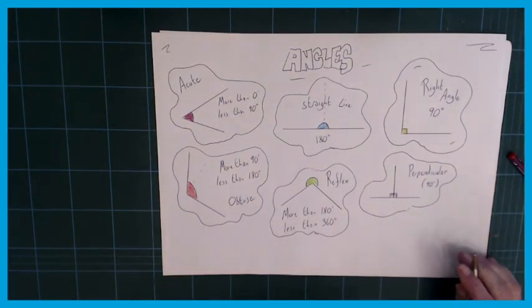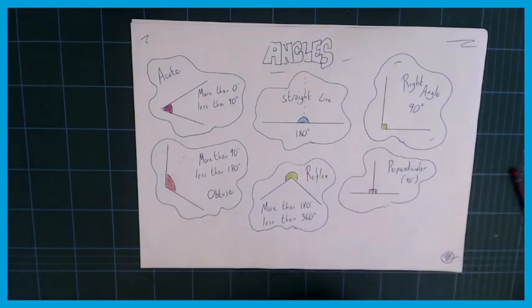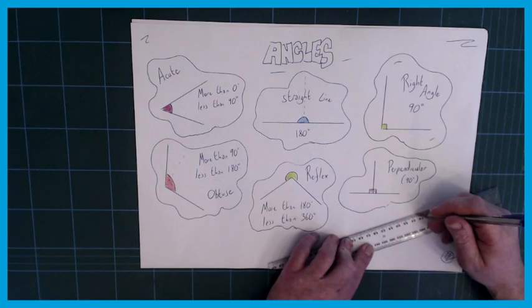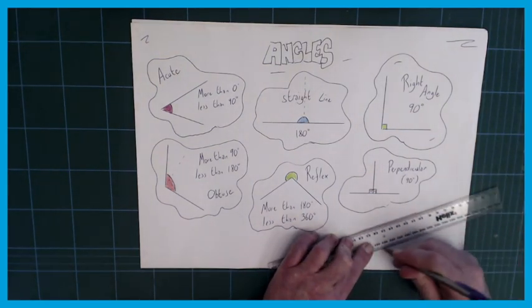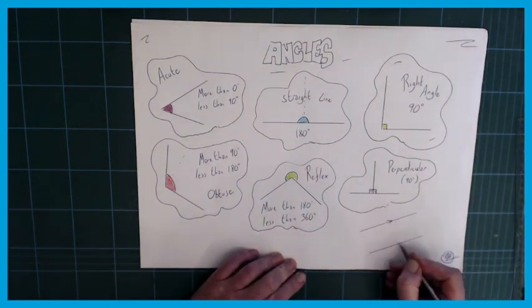And one final phrase I'm going to use on these ones is these two lines here. And I'm going to use my ruler to do this because it's much easier. So one side, then the other side, and I'm going to put two arrows on here.